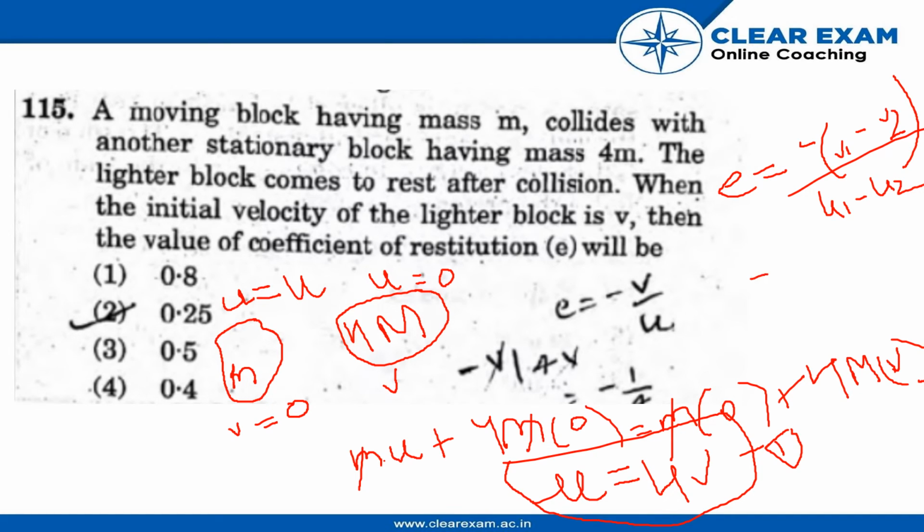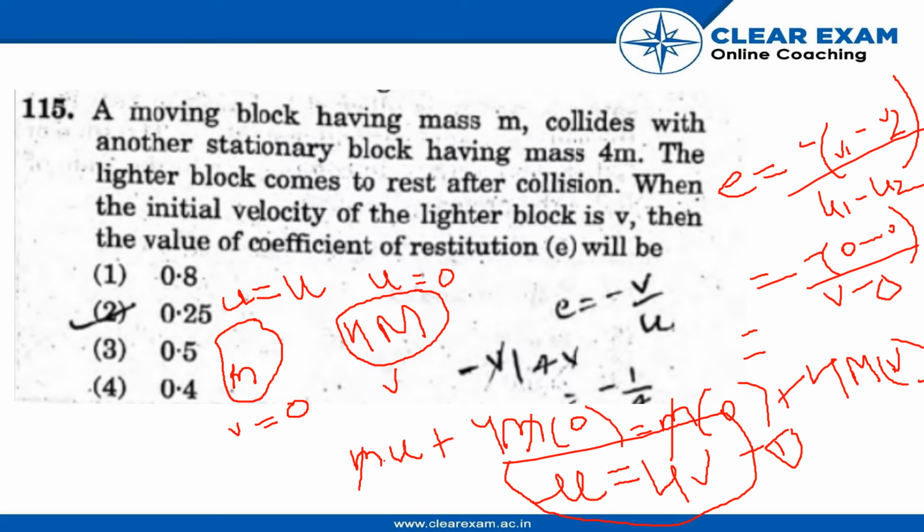We were given that v1 was 0, v2 was v, so 0 minus v, and u1 minus u2 is u minus 0.